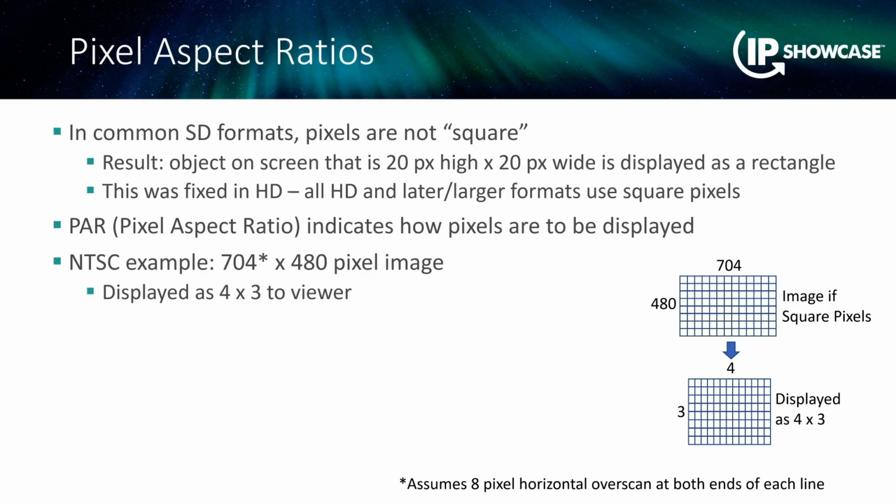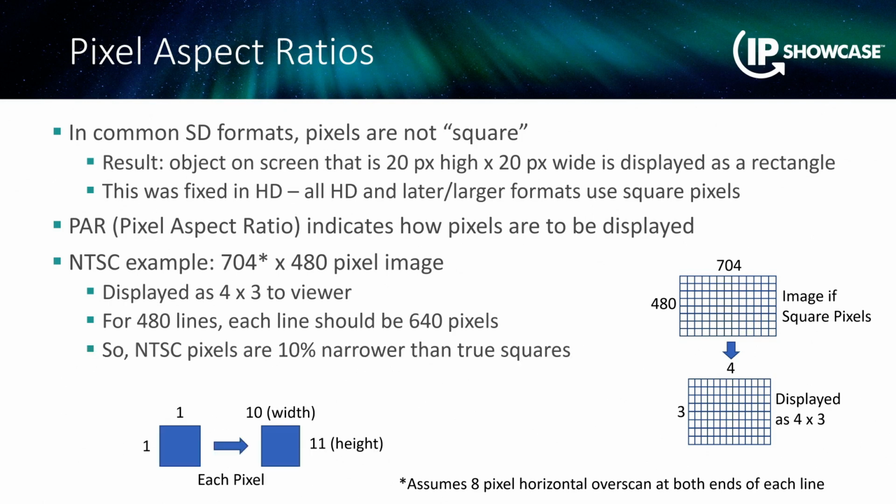An NTSC video signal is made to be 704 by 480. If you display that as 4 by 3, what you end up with is the actual image is slightly narrower than if you had square pixels, by about 10%. So you end up with a pixel aspect ratio of 10 to 11.